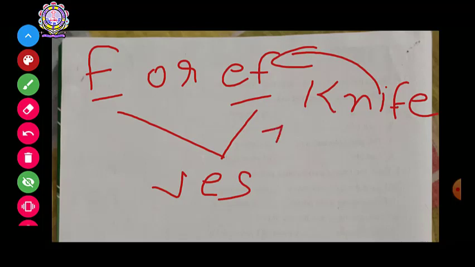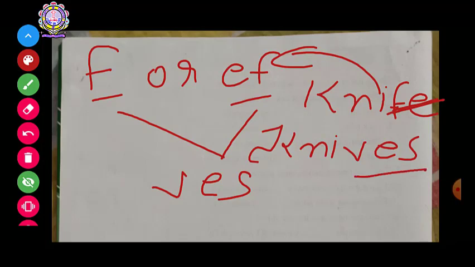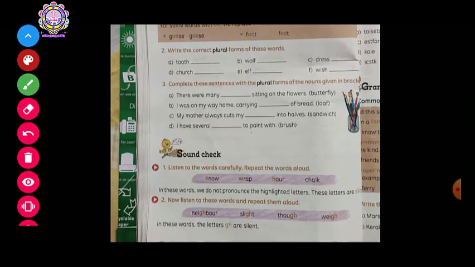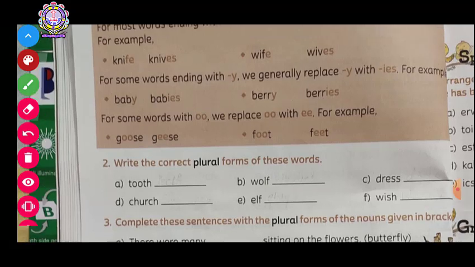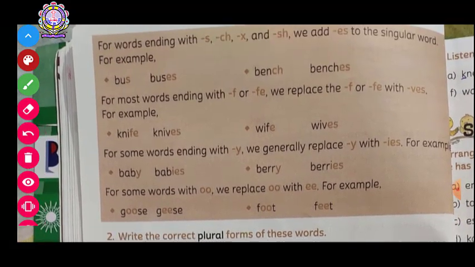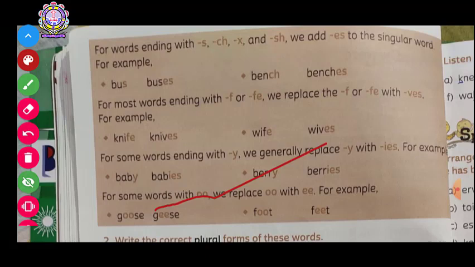So what will come here? Knives. It means we will remove this and add ves. Is it clear? Alright, let's move further. Yes, I think this is very clear.